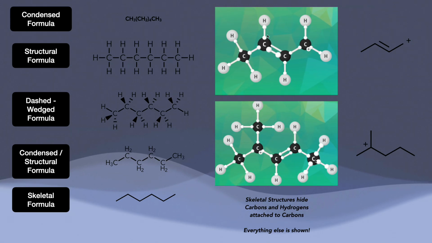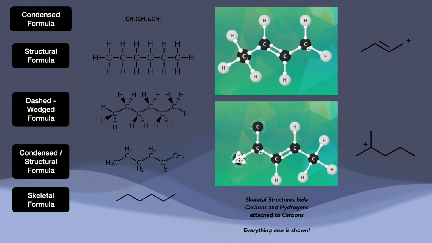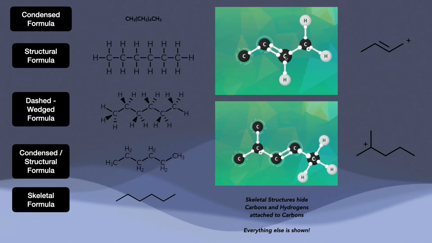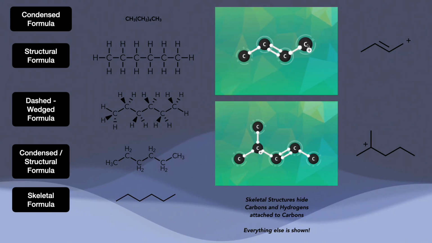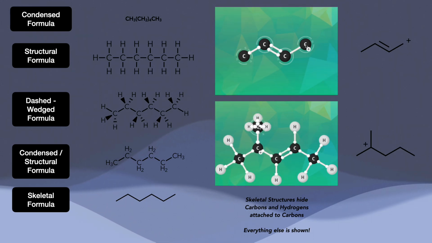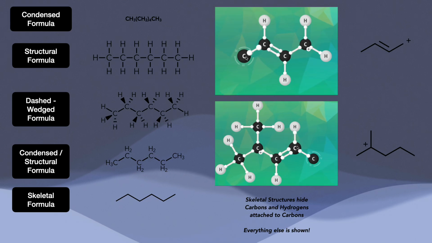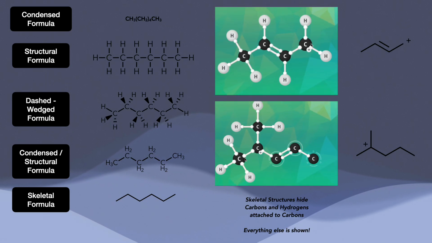We show everything else. But again, this is why formal charge is so important, because you can see illustrated to the right that we have a couple of carbocations. If we indicate a positive charge on one of the carbon atoms, that is indicating a lack of electrons.